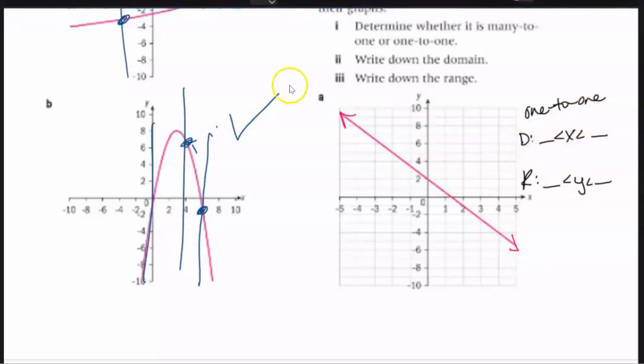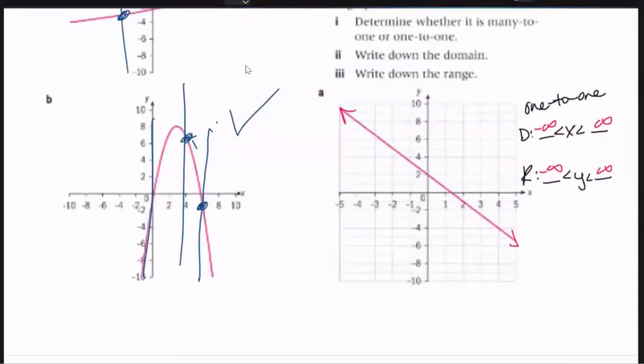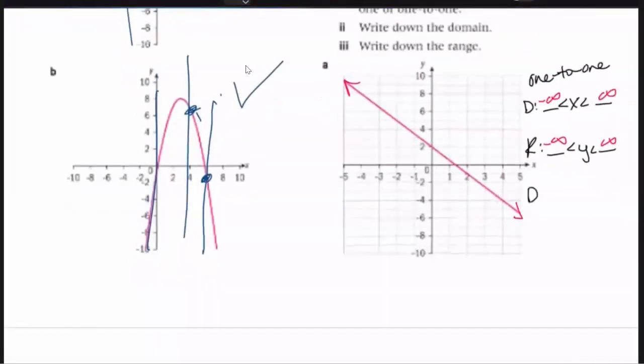So it goes infinitely to the left, up to negative infinity, and infinitely to the right, positive infinity. For my range, it's still going infinitely downwards, so negative infinity, and for my y, it's going infinitely upwards, positive infinity.